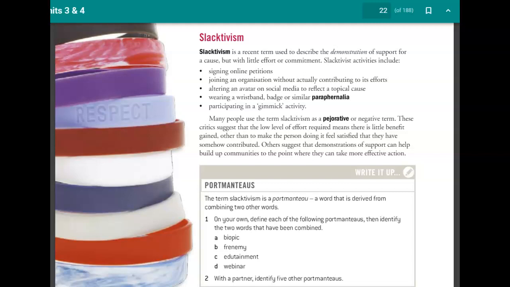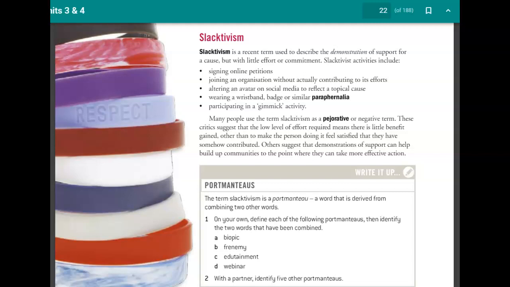Slacktivism is a recent term used to describe the demonstration of support for a cause, but with little effort or commitment. Slacktivist activities include signing online petitions, joining an organisation without actually contributing to its efforts, altering an avatar on social media to reflect a topical cause, wearing a wristband, badge or similar paraphernalia, and participating in a gimmick activity.